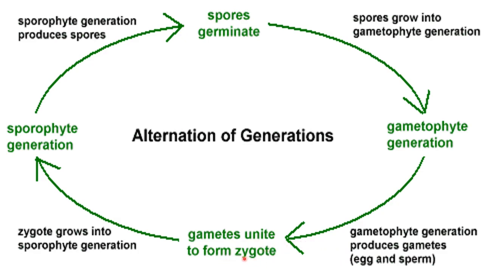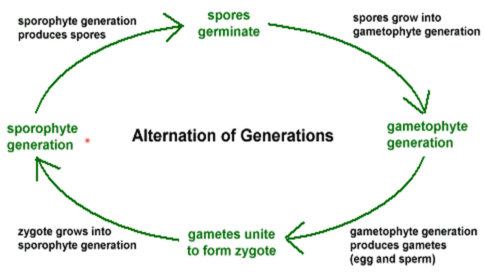So the zygote is formed here in the plant life cycle, and again this zygote will develop and form the sporophytic plant body, or you can say the sporophyte generation, which is again diploid.